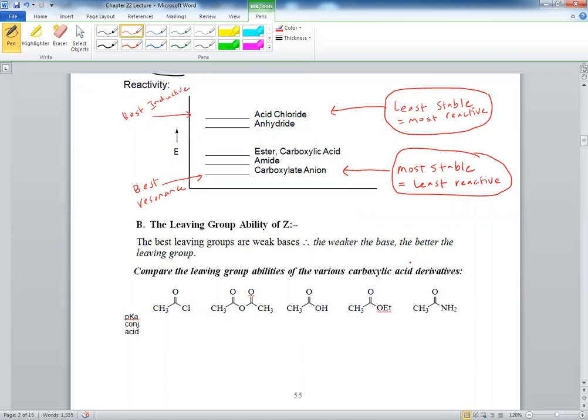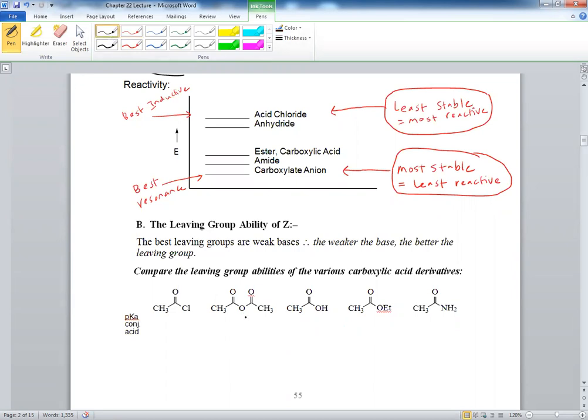So that's why they are not as stable. So remind yourself of that from Organic 1. So let's look at the pKa's of the following carboxylic acid derivatives and compare their leaving group abilities.